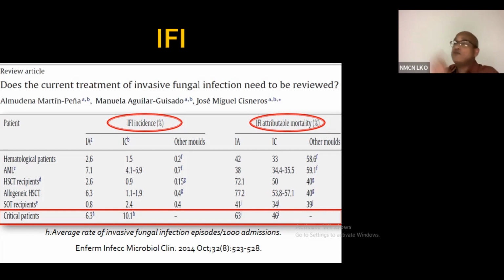And as you go for invasive candidiasis, as I told you, it will be higher for patients who are non-hematological or non-cancer patients. And if you look at the attributable mortality, why are you afraid of fungus? Because it's bound to kill you. It's bound to escalate the therapy costs. It's bound to make it more challenging for you.